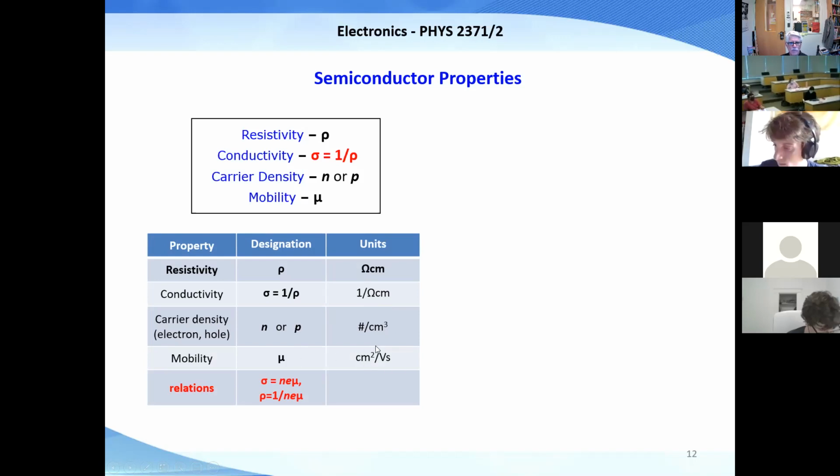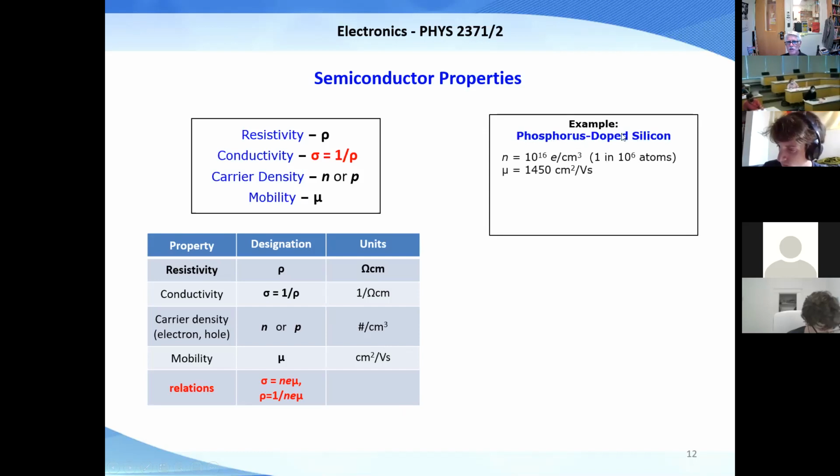And then we have something called mobility. Mobility is how easily an electric field can move an electron or a hole. And then you have the relation here: the resistivity is equal to 1 over the carrier concentration times the charge on the electron times the mobility.